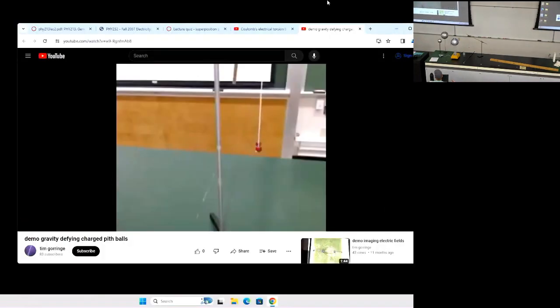So this is a way I can measure the charge on the little spheres, determine the charge on the spheres by measuring the angle that they hang at. Okay, so let's go ahead and do this.